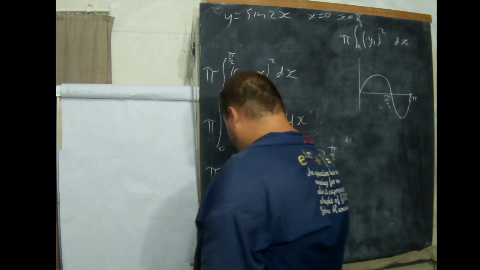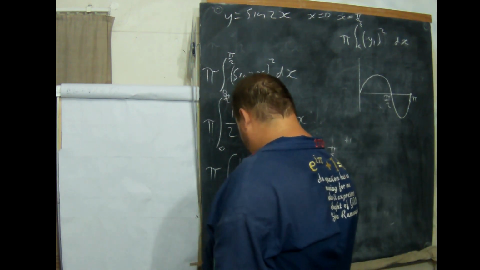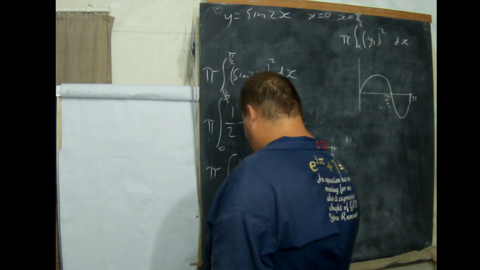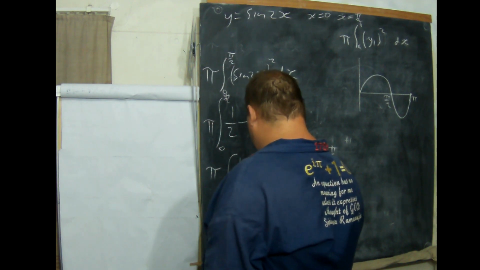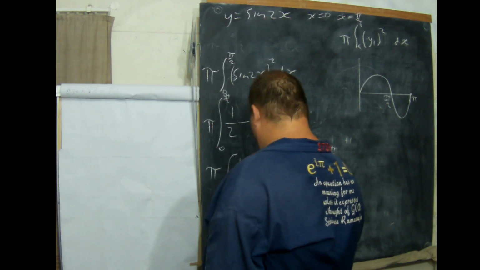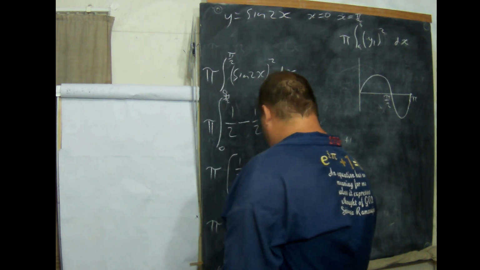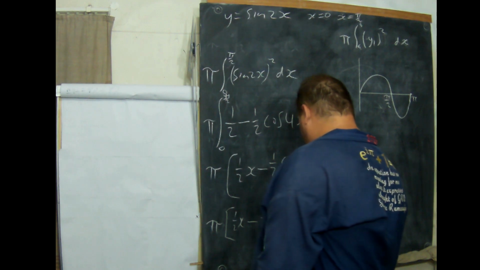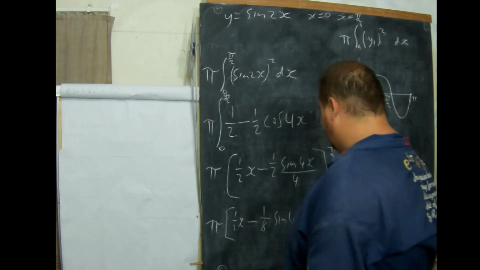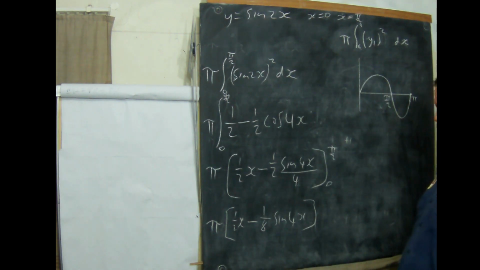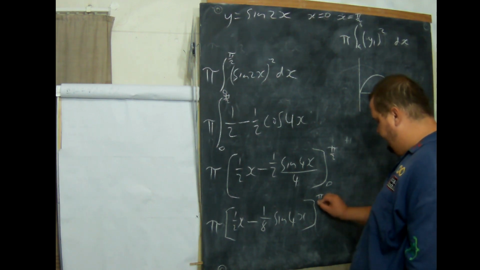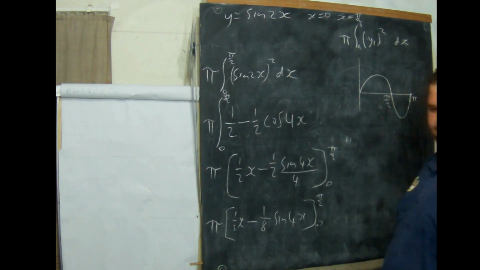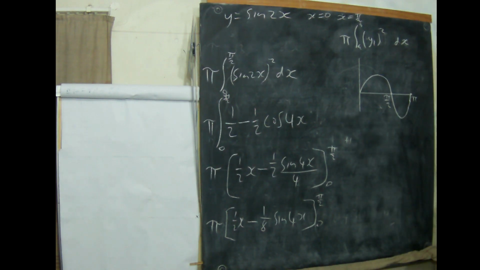So, half x minus 1/8 sine 4x. Okay. So now we've got our limits, pi over 2 and 0. Now we've integrated.